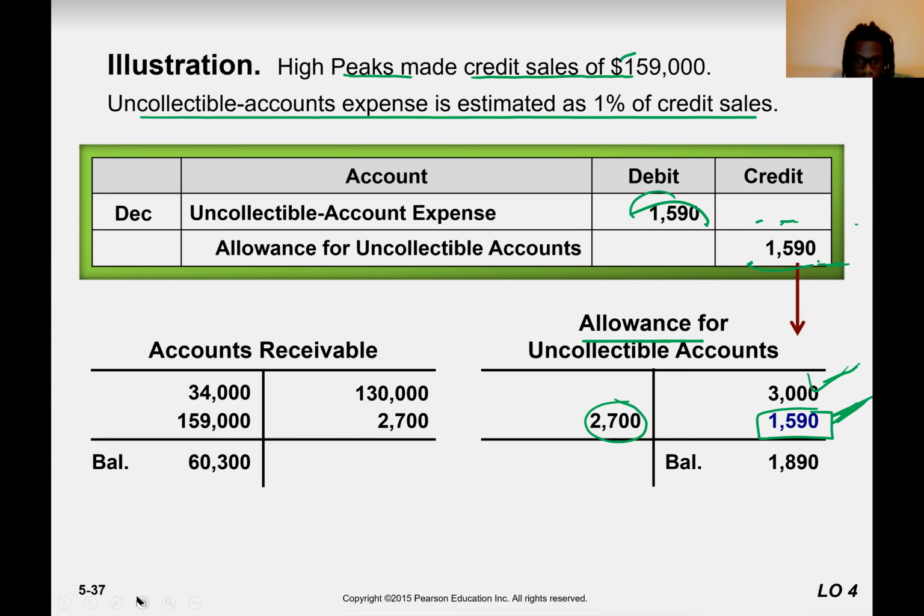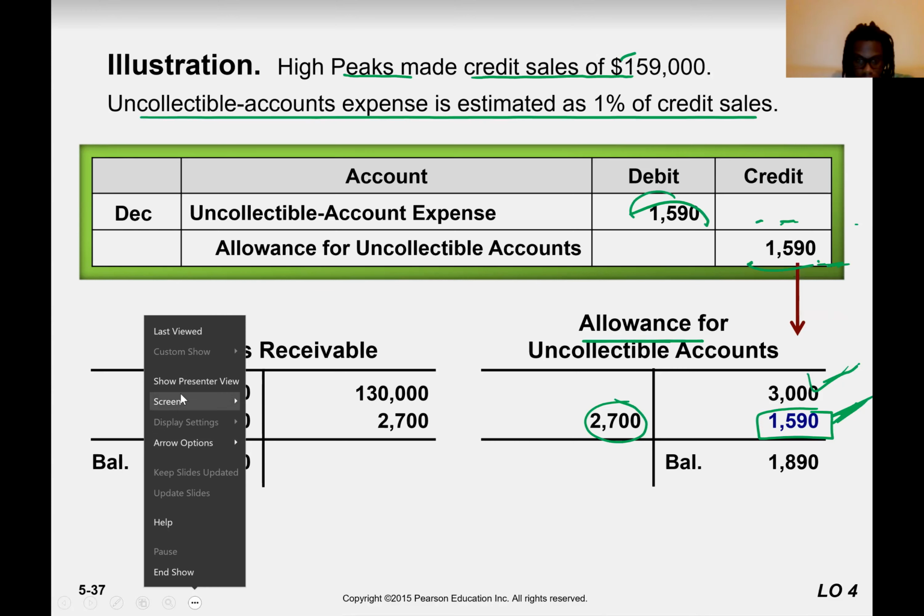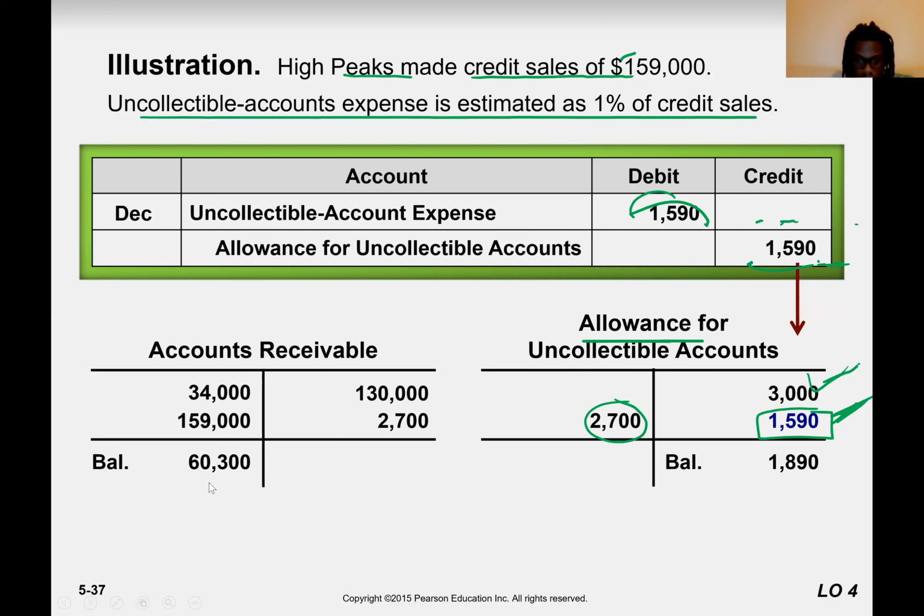Let me give you the idea here. Basically, at the start of the year, what happened? You create a reserve.